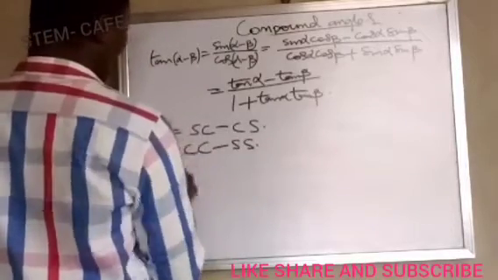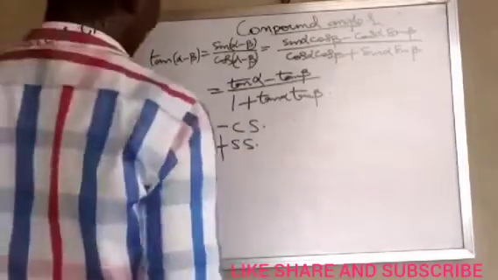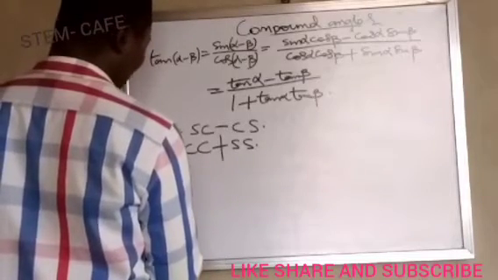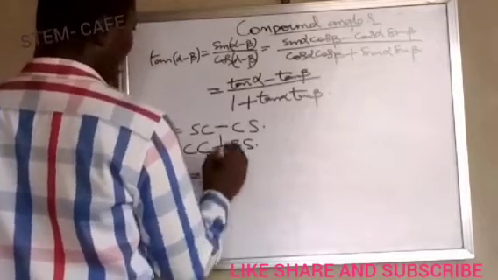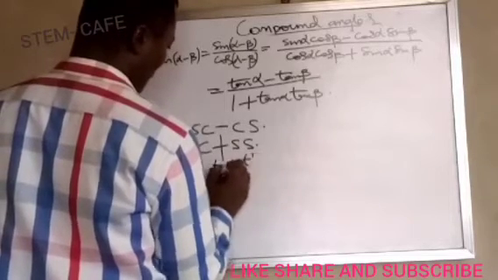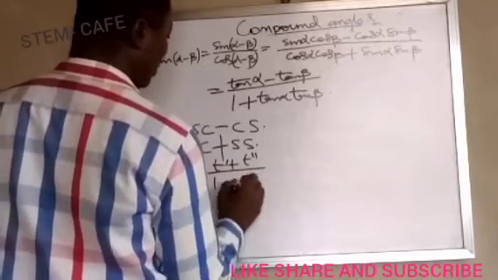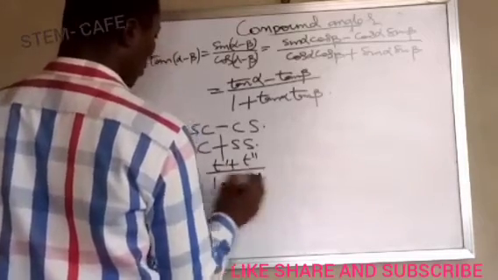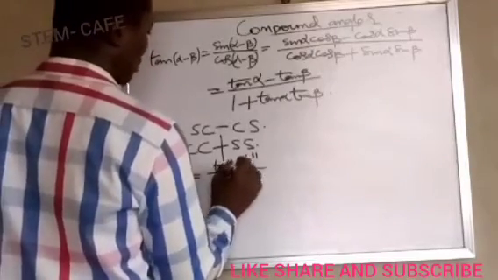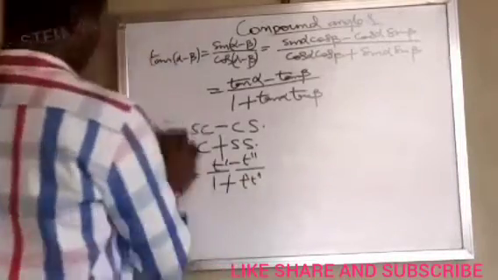If it is difference, this place will be addition, because as the angle increases, cosine reduces. For tangents, if it is sum, we are going to add the two tangents, and then we subtract the product of the two tangents from 1. If it is subtraction, we are going to have minus at the top, plus at the denominator.